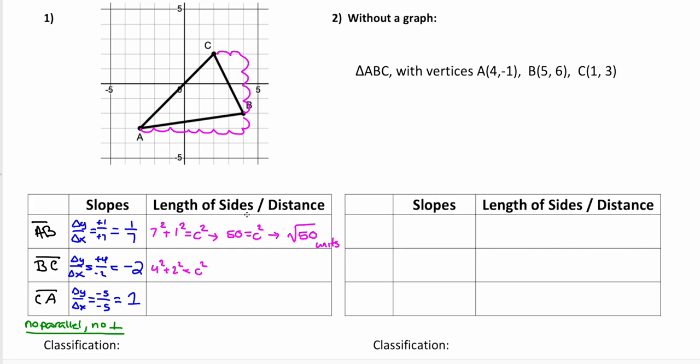When you're doing distance, you never have negatives in here because it's just counting, and you're always counting forward. 4 squared is 16, and 2 squared is 4. So 16 plus 4 is 20. We have 20 equals c squared, which means that our distance is the square root of 20 units.